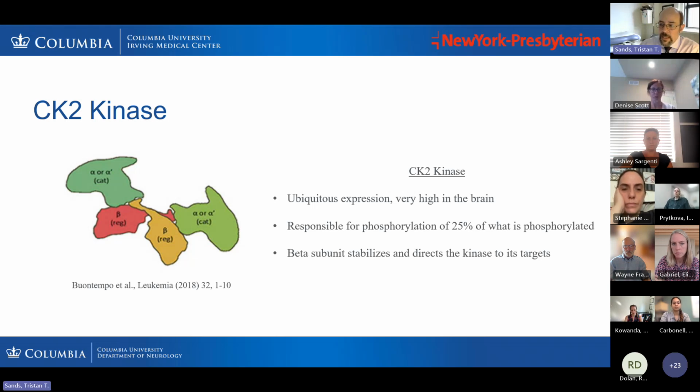And it seems like CSNK2B is expressed everywhere throughout the body, but it is very high in the brain. And it's a kinase, which means that it phosphorylates other proteins. That means that it runs around sticking phosphate groups on other proteins, and in this case, it does it to a lot of different proteins.